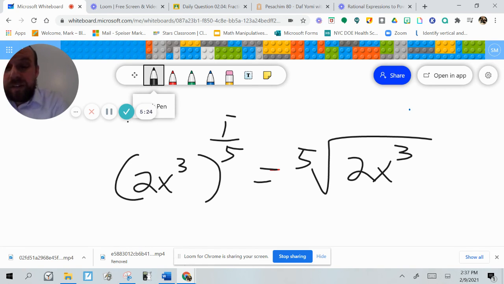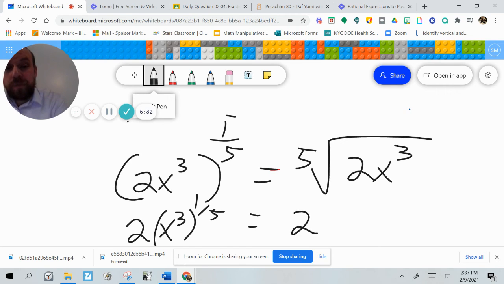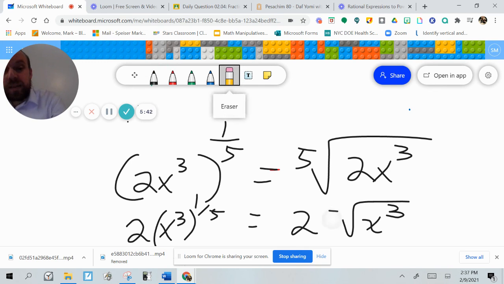But if we didn't have parentheses, we just said 2x to the third, that raised to 1/5. In this case, the 2's outside, and the x to the third is inside. So with parentheses, it changes the answer, makes a major difference, and parentheses are extremely important in your question.